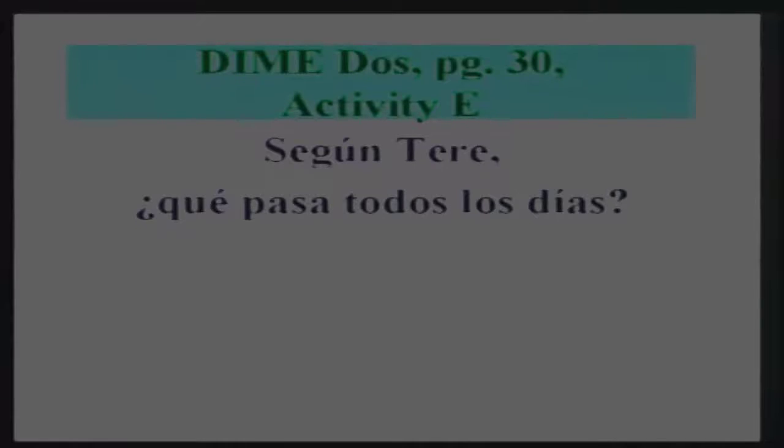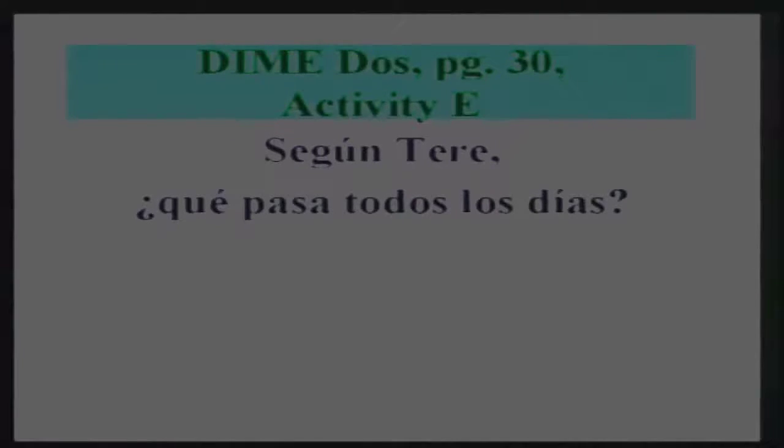Now, let's review the instructions for activity E. Según Tere, ¿qué pasa todos los días? What happens every day?